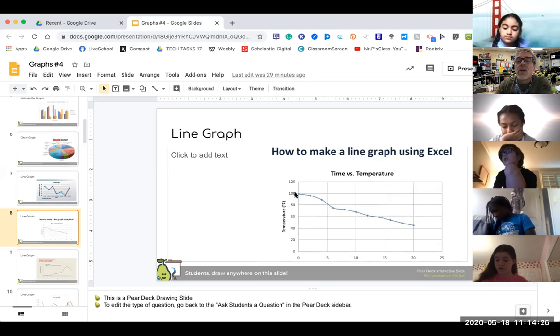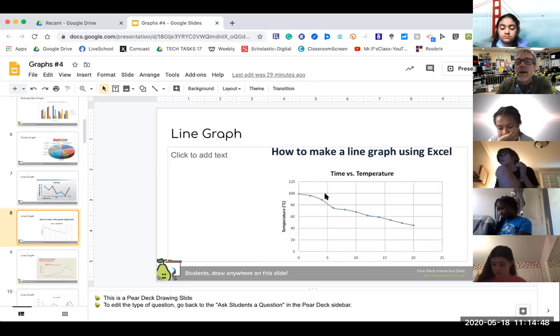So this scenario here is likely a tea kettle that hit a boil. It was boiling because water boils at 100 degrees Celsius, 212 Fahrenheit. And then they turned the eye off, and it started to cool down.